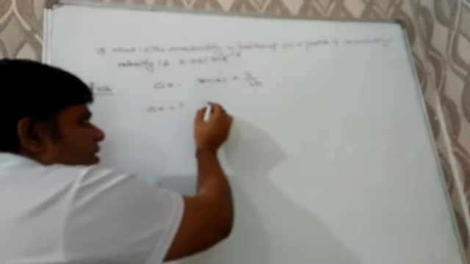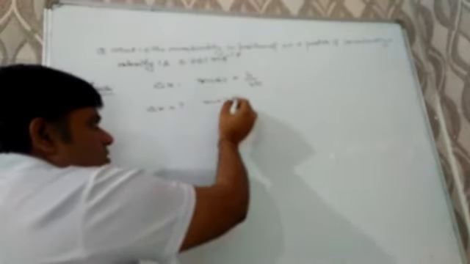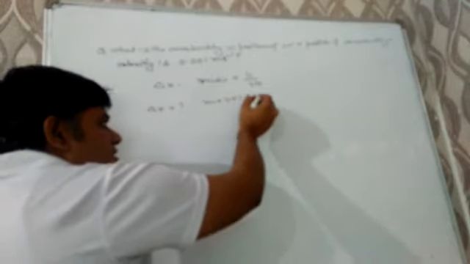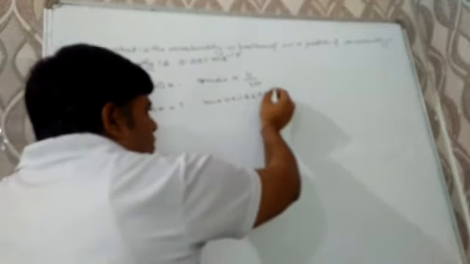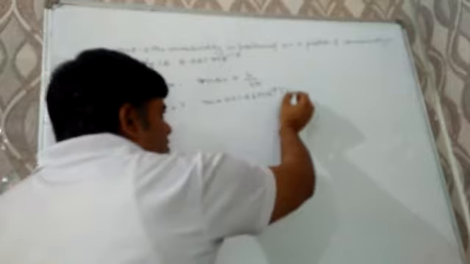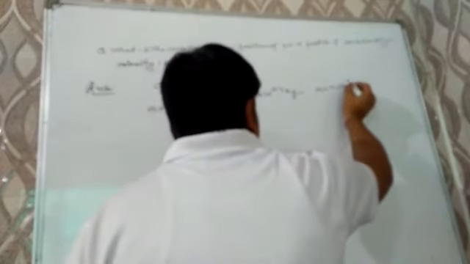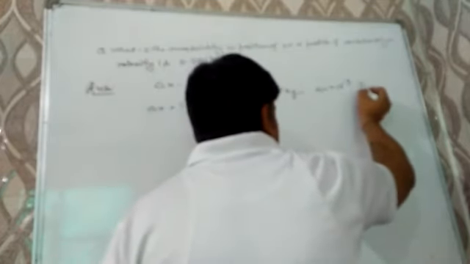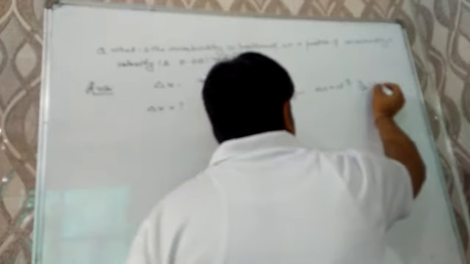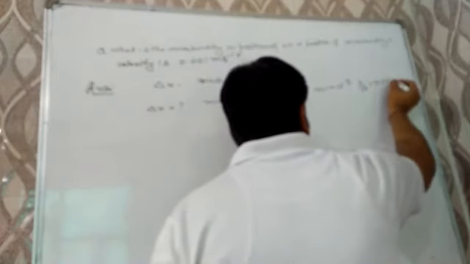Mass of alpha particle will be equal to 4 into 1.66 into 10 to the power minus 27 kilogram, as mass will be 4 AMU. Delta v is given, that is 10 to the power minus 3, and h upon 4 pi is 5.27 into 10 to the power minus 35.